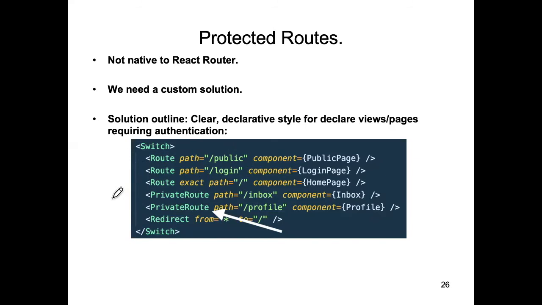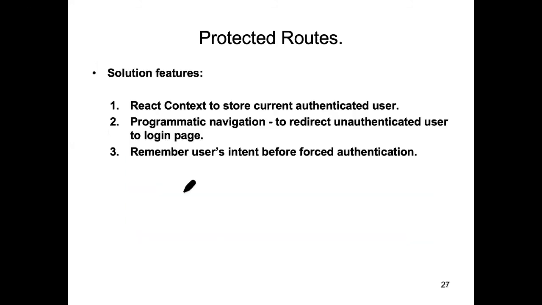Now, there is no component called private route, so we have to implement that ourselves, and we have an understanding as to what its purpose is and how it should operate. In general terms, my solution is going to involve the following.